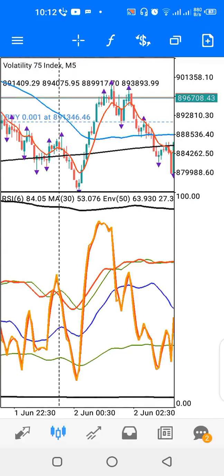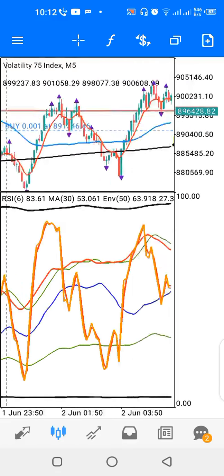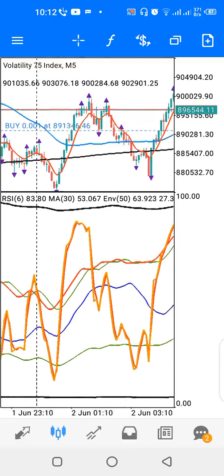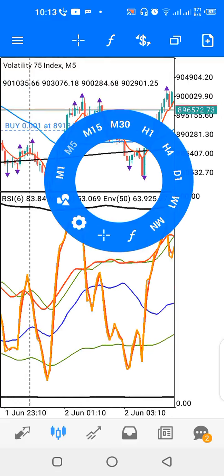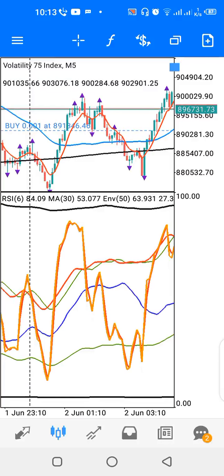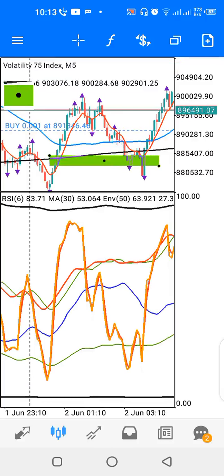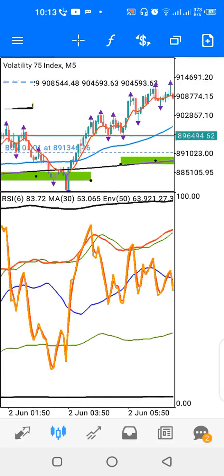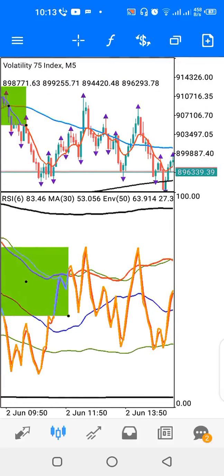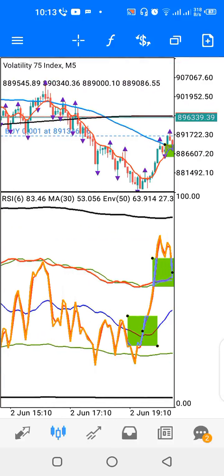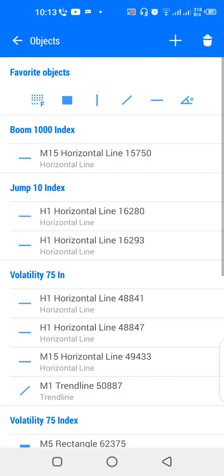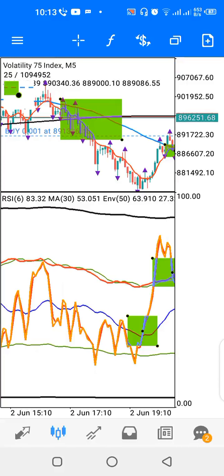But when you have the two lines crossing down, like we almost had a cross down here, but the black line still stays under. Like you can see here, the black line still stays under. Now we have a cross down here. This is the start of a bearish trend.